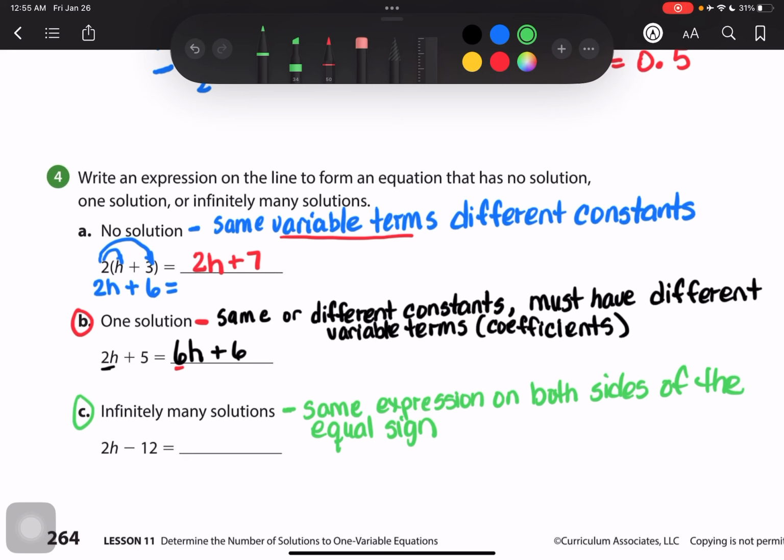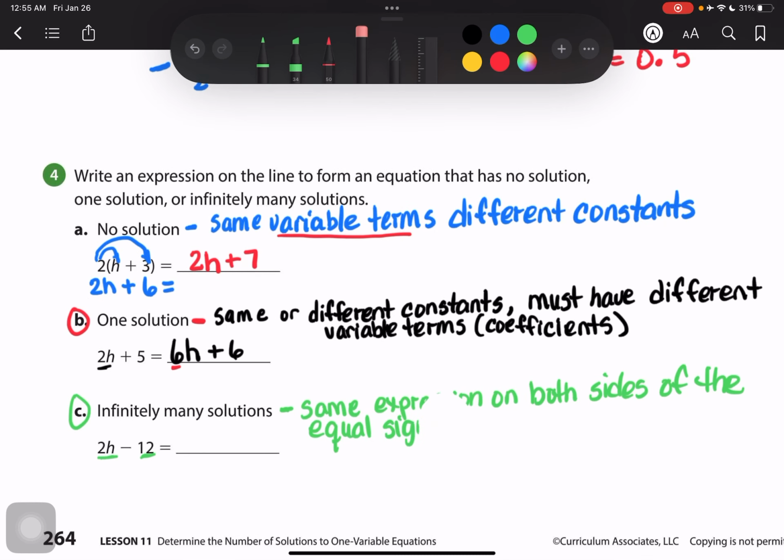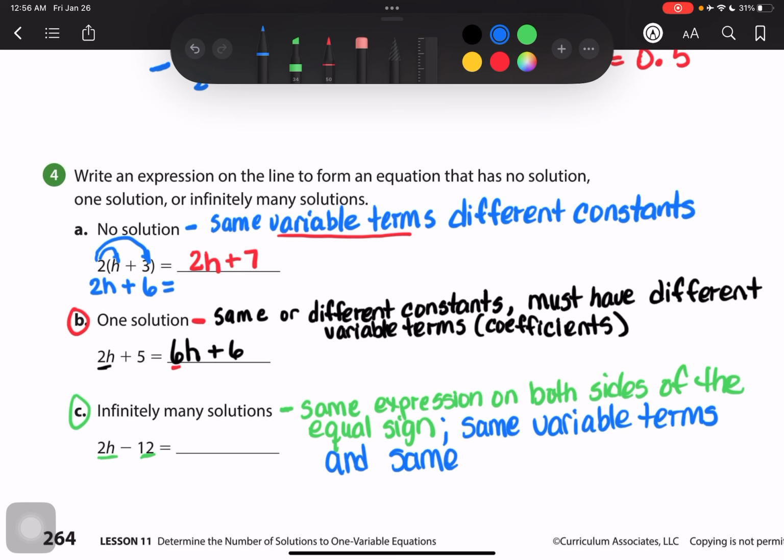Same variable term and same constant. In other words, you need the same variable term and same constants. So you must have 2h minus 12 in this blank.